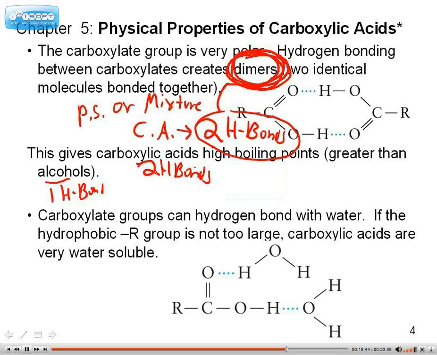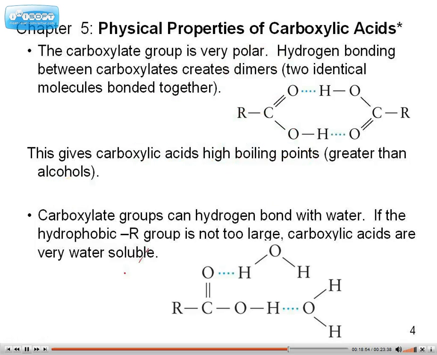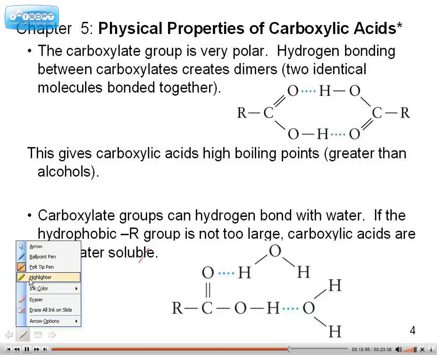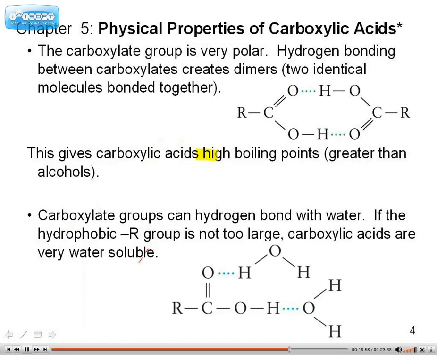Because you have double the hydrogen bonds, you have stronger intermolecular force. Therefore, carboxylic acids have much higher boiling points than alcohols. So here's a nice picture of one, although they got kind of lazy.